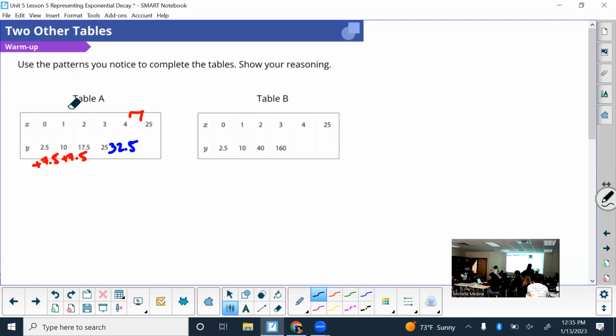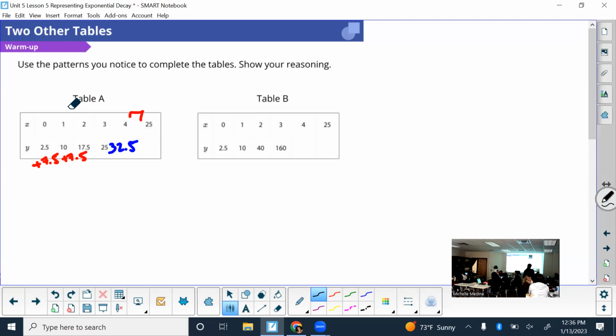So if you're adding each time the same amount, what would the graph look like? Not sure.